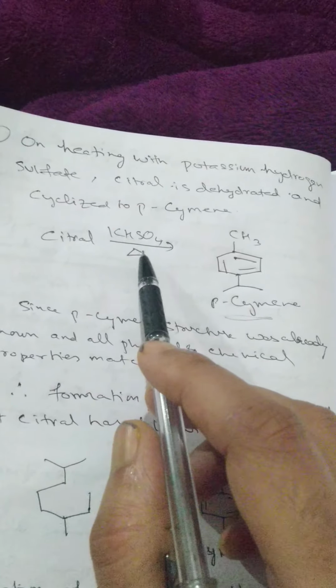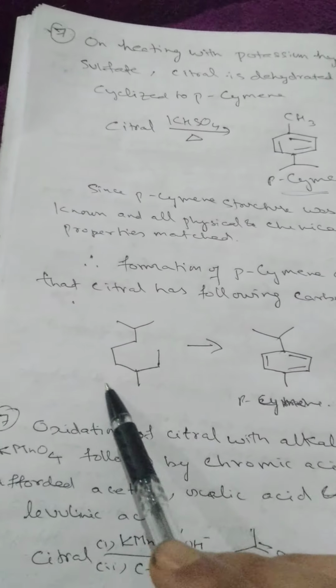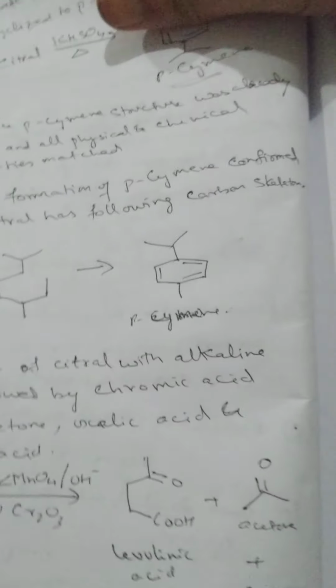So they knew when you react with KHSO4, when you dehydrate it, it forms paracymene. So it gives us a certain idea that this must be the kind of structure citral has. This will be the carbon skeleton, because this is the paracymene. So they felt this must be the structure, and we don't know where the double bond is, where the CHO is.